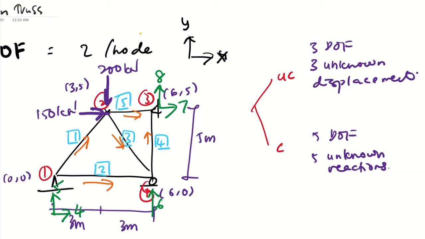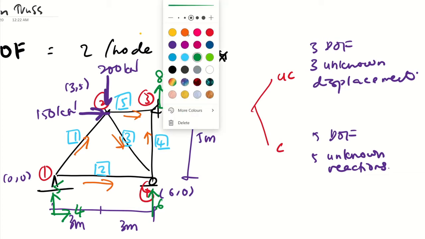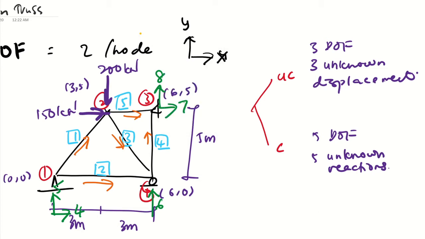And then we use blue for unconstrained, which is 1, 2, 3.